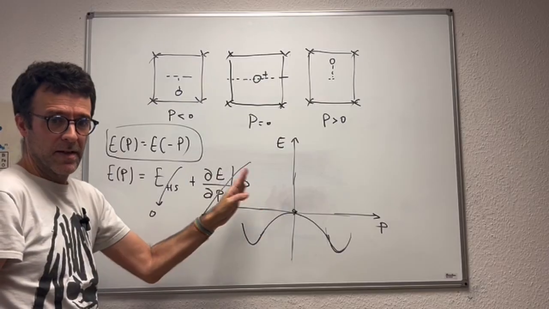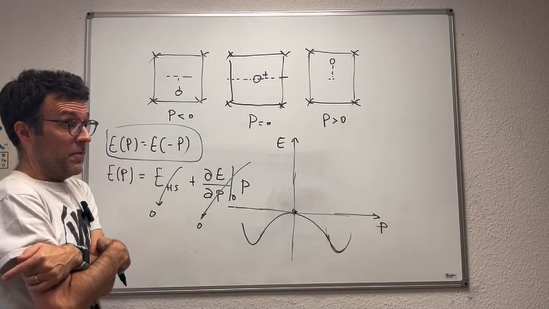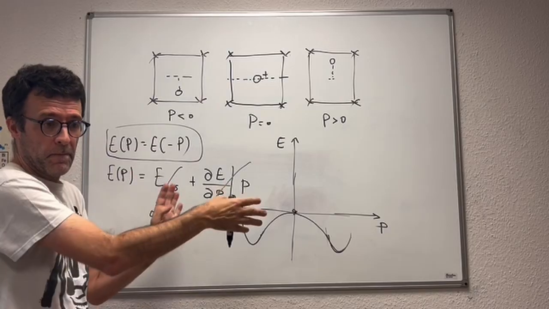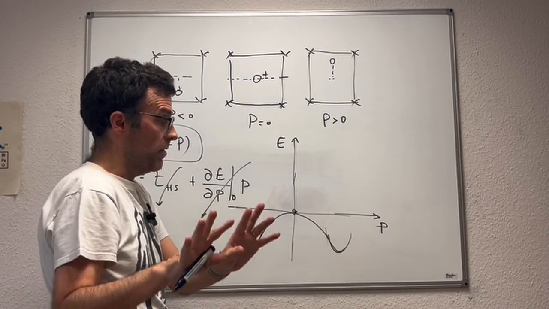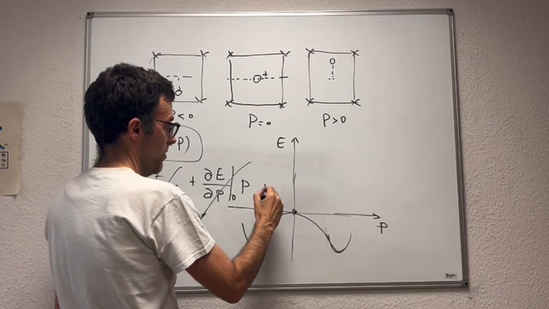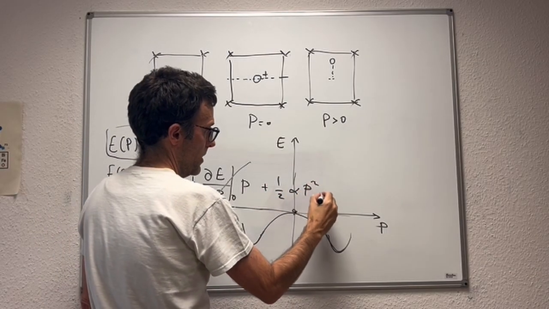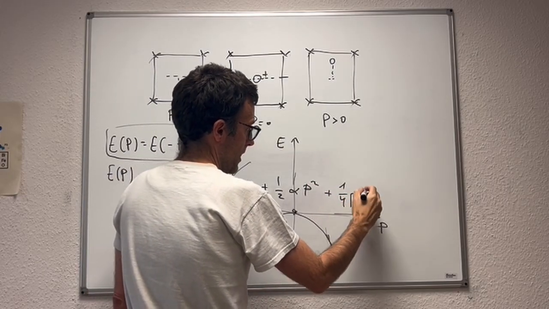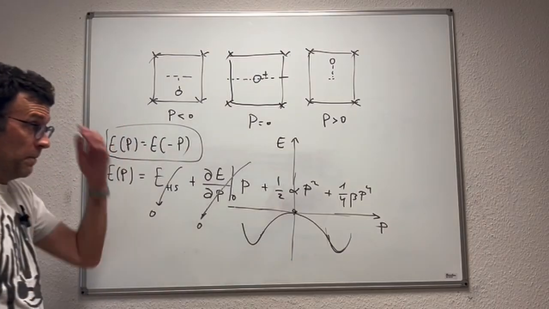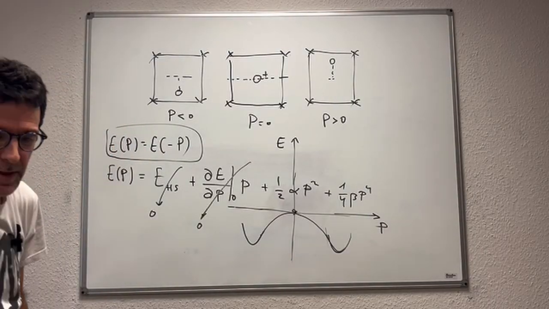So it means that here I can only have even powers. And if you think about it for a second, the two even powers that I need to describe something like this, so the simplest possible theory I can construct, is one where I put here something like 1/2 alpha P squared, and here 1/4 beta P to the 4. Okay?